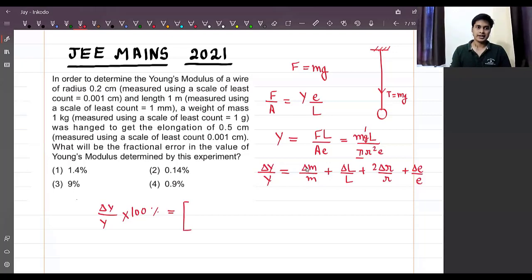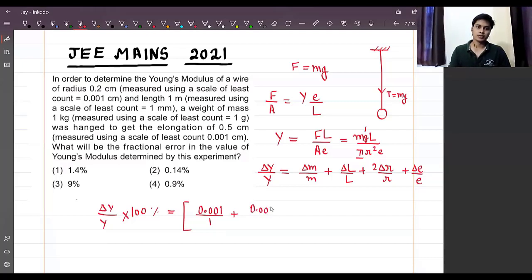So delta m, mass is measured with a least count of 1 gram, that is 0.001 kg divided by 1 kg, plus delta L, that is error in the length. So it is measured using a least count of 1 millimeter.